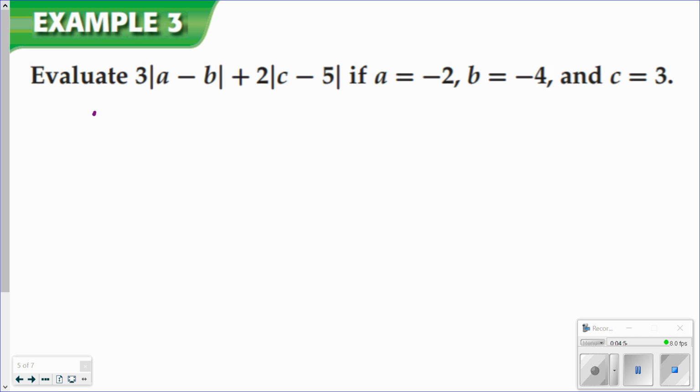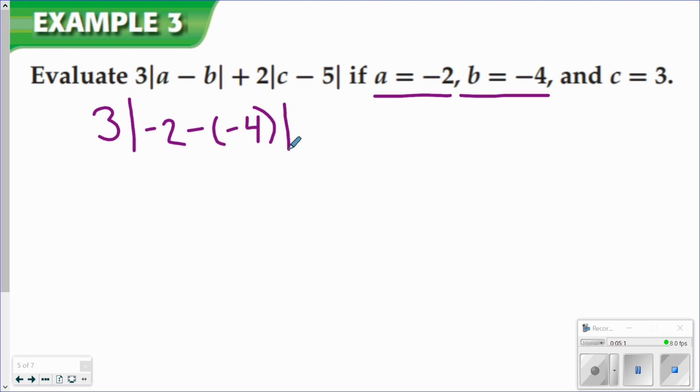So we have 3 times the absolute value of a, which is negative 2, minus b, which is negative 4. I'm going to put a parenthesis around that because we do have a negative and a subtraction sign together, plus 2 times the absolute value of c, which is 3 minus 5.